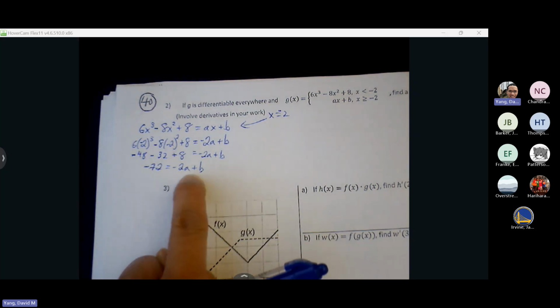You're not going to be able to solve for a or b because we need a second equation to help us get this down to one variable.